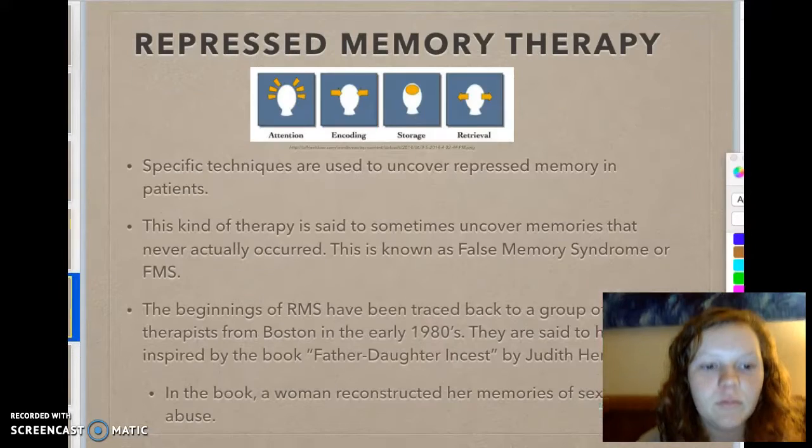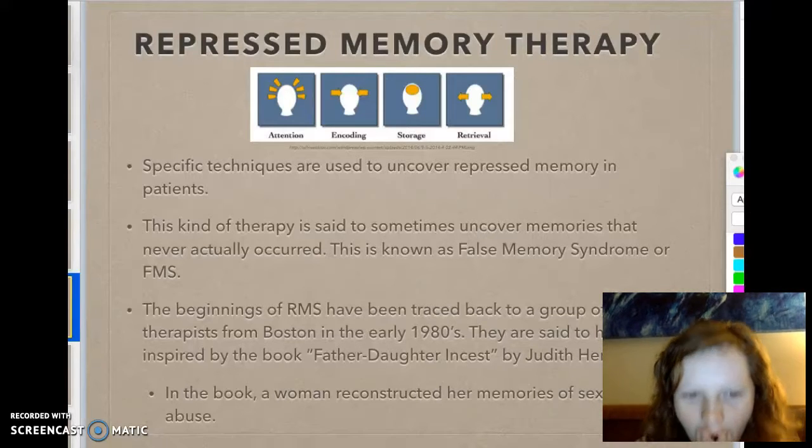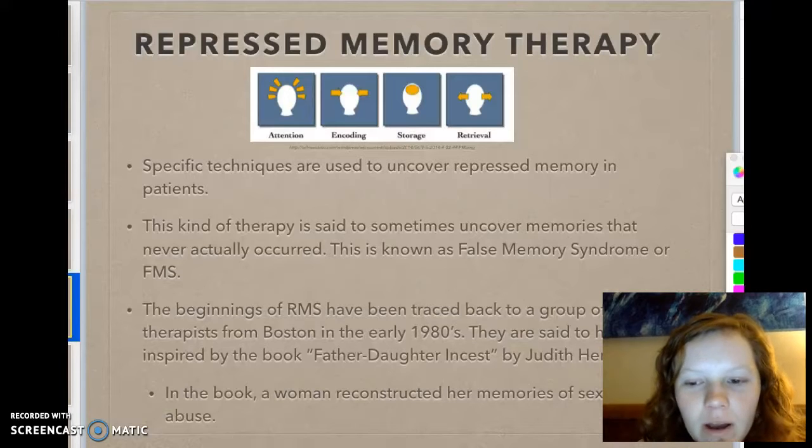So, here's a little bit more about that. I went over the specific techniques, and one kind of fault with this is a lot of people say that some people uncover memories that weren't even real, and this is known as FMS, or false memory syndrome.